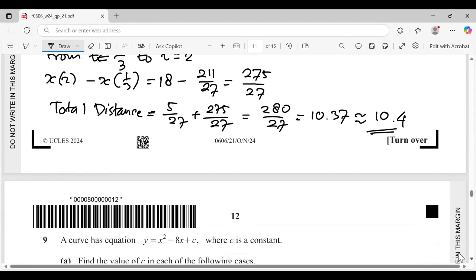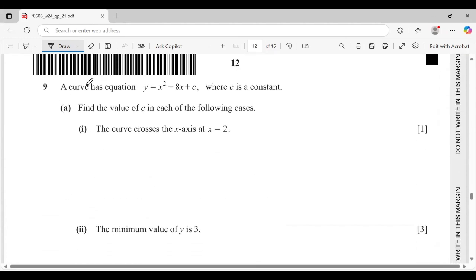Number 9. A curve has equation y equal x squared minus 8x plus c, where c is a constant. Find the value of c in each of the following cases. First, the curve crosses the x-axis at x equal 2. It means in this condition y equals 0.